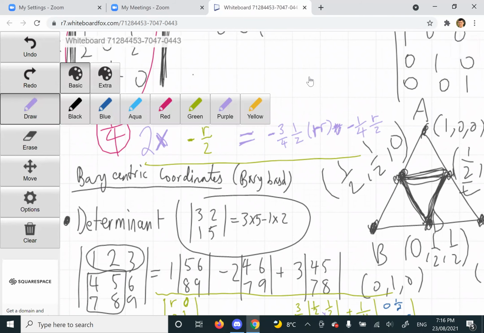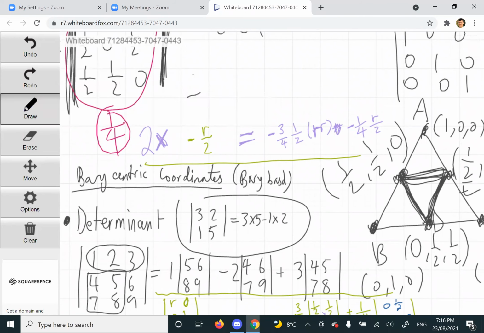So what does that give you? It gives you minus r equals, oh, you can take all the minus signs away, plus r equals 3 on 4 times 2, 1 minus r, plus r on 4 times 2.